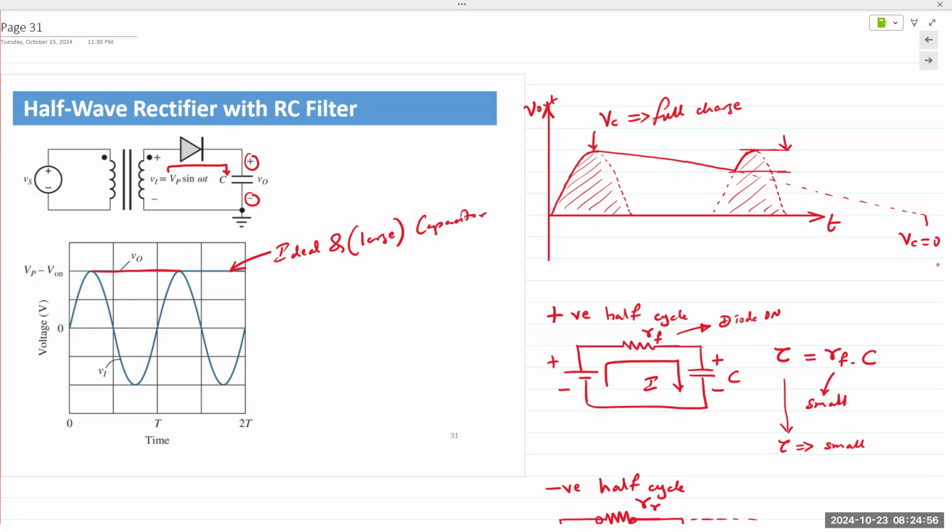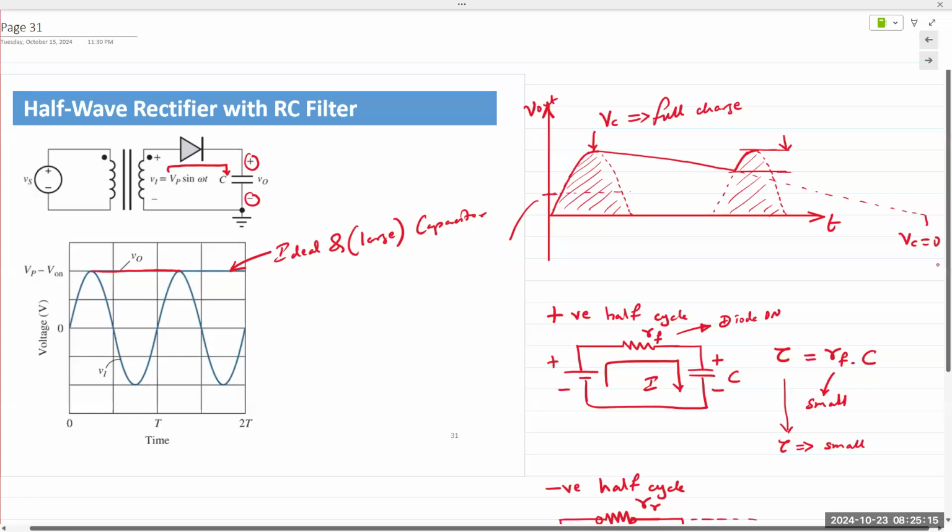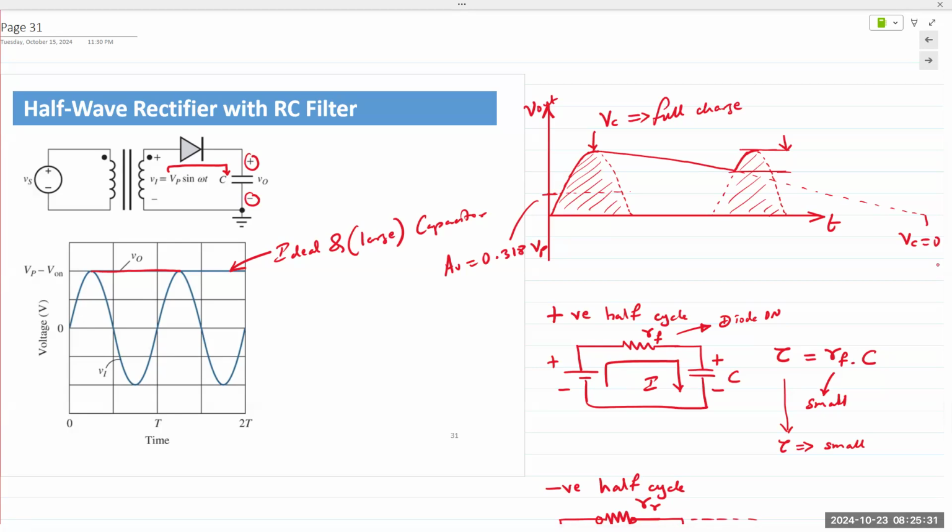So for example, if you were to take a multimeter in the lab and measure the DC output voltage, it would turn out to be about 0.318 times VP. So the average value would be somewhere here, and that average value is 0.318 times VP. Okay. So far, so good.